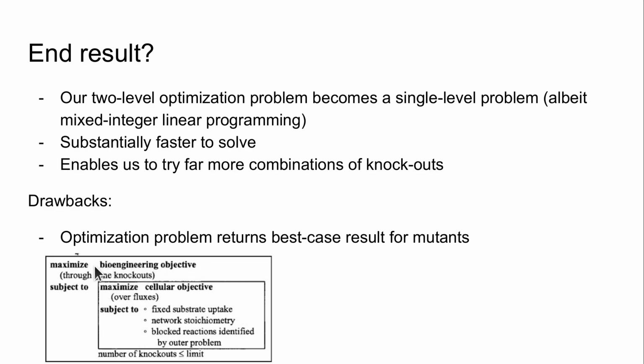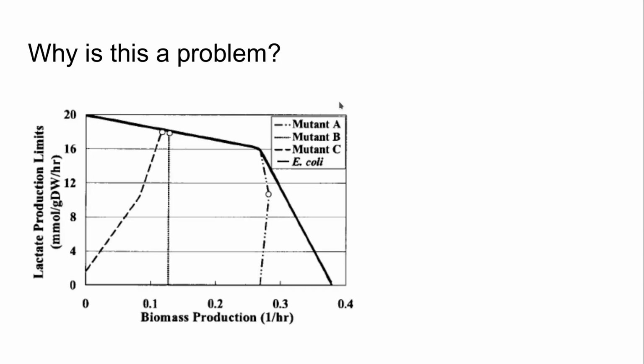It's going to give the highest value we can get for a bioengineering objective, while the cell is trying to maximize its own cellular objective. And so what it will do is give us the best case result according to our bioengineering objective. And as we talked about last time, identifying the best case is not necessarily always that useful to us.